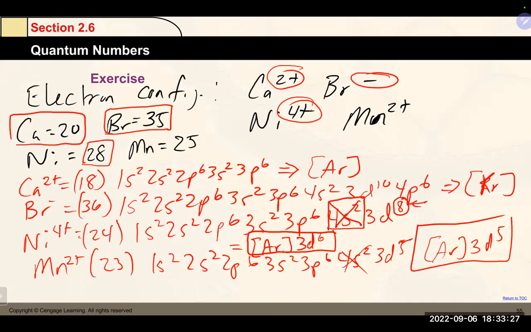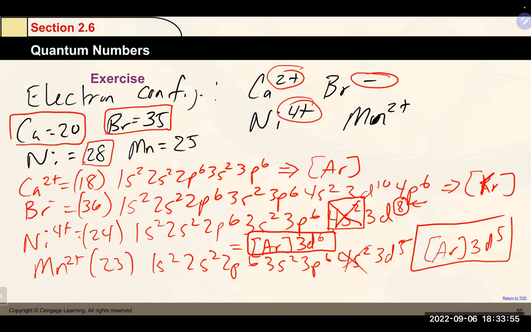So you can use the period number as the principal quantum number. For example, if we were doing sodium, which we did earlier, you would start at the very top where hydrogen is. Hydrogen to helium is 1s2. Lithium to beryllium is 2s2. Boron to neon is 2p6. Sodium would be 3s1.